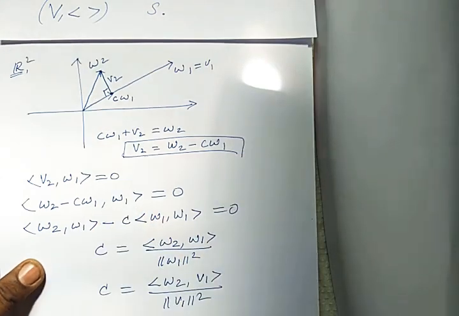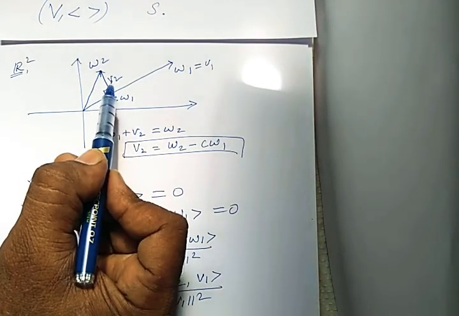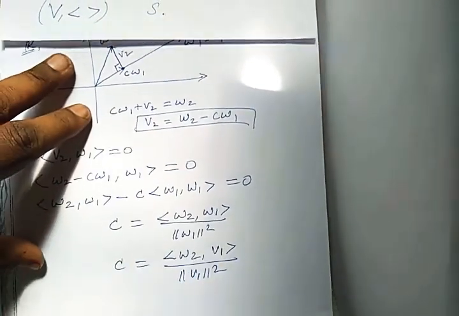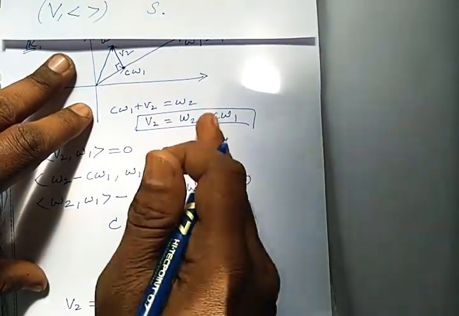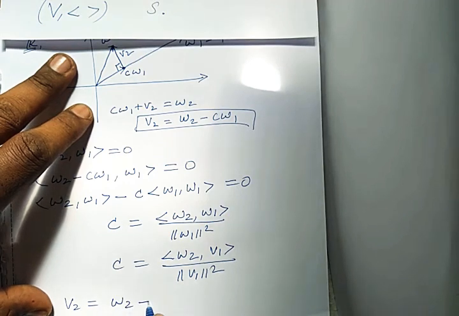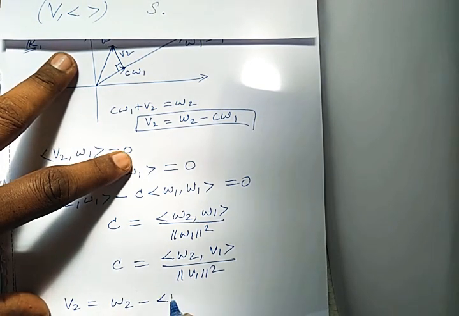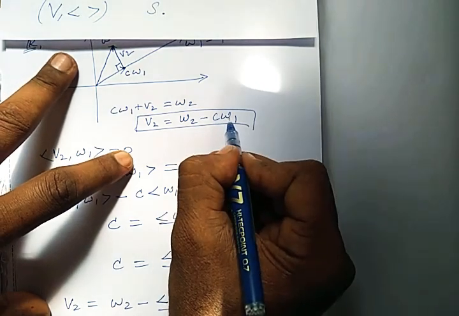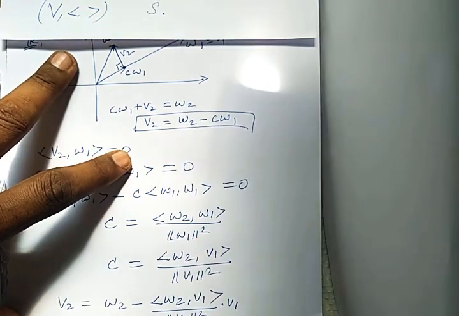So we have found V2 that is perpendicular to W1. So V2 is equal to W2 minus inner product of W2 comma V1 by norm V1 squared times V1. Instead of W1, let me put V1.